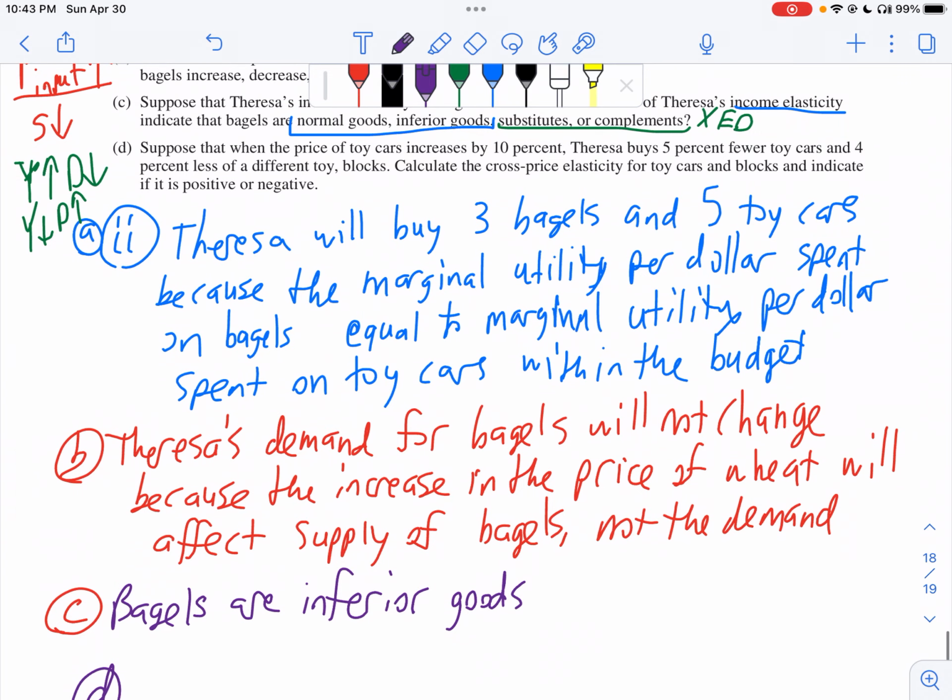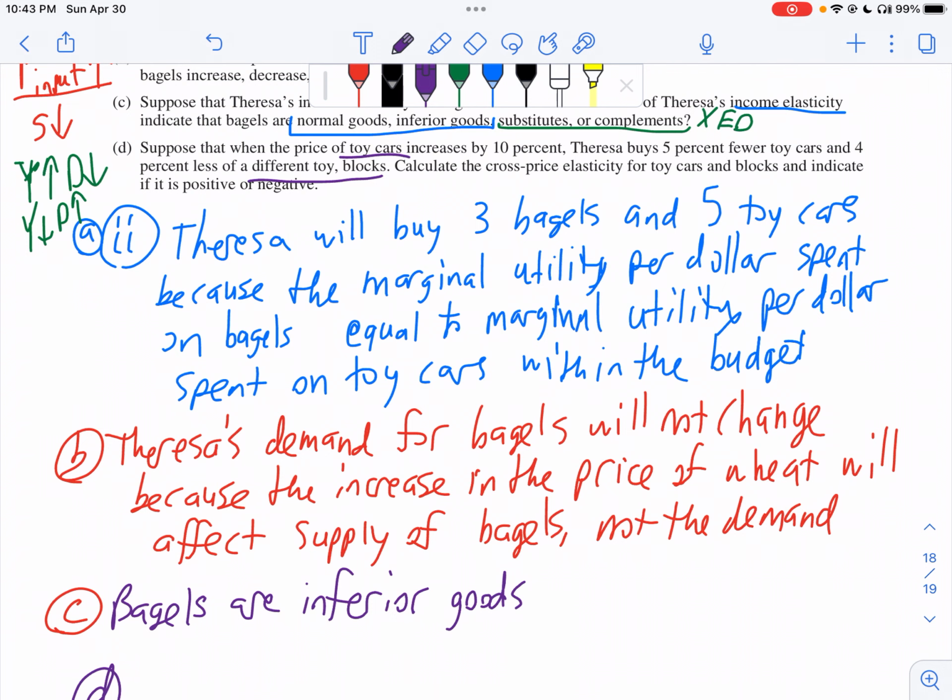Suppose that when the price of a toy car increases by 10%, Teresa buys 5% fewer toy cars and 4% less of a different toy block. Calculate the cross price elasticity for toy cars and blocks and indicate if it is positive or negative. Cross price means that you are dealing with the price of toy cars and the quantity of a different good.